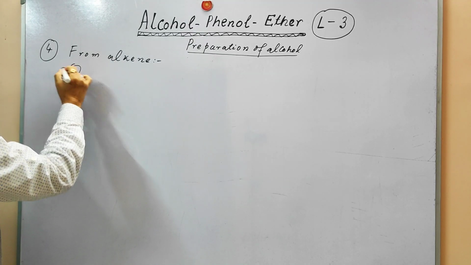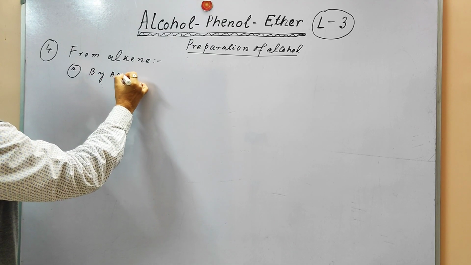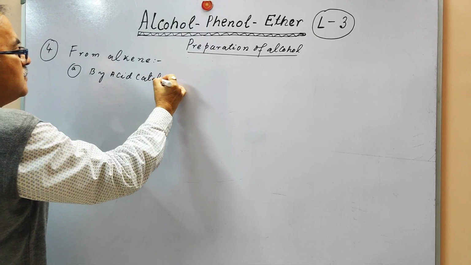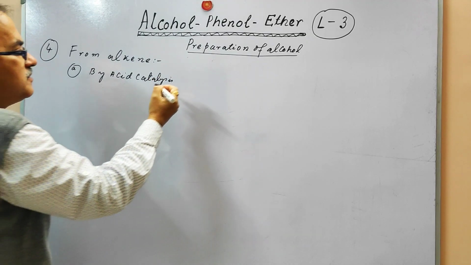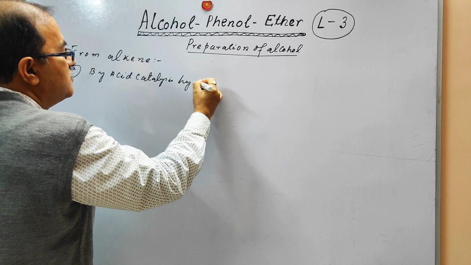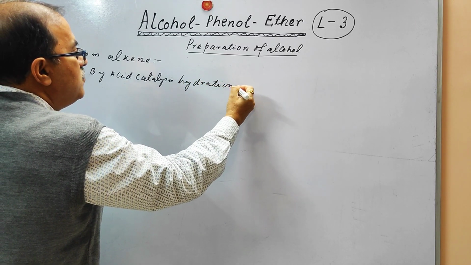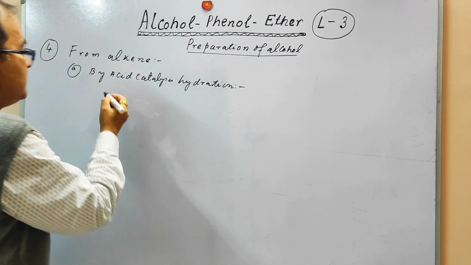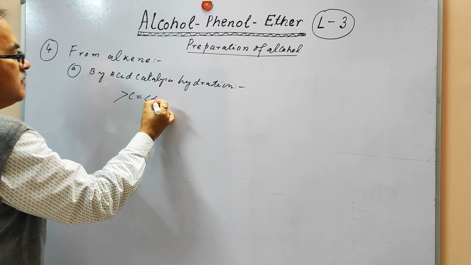A, by acid catalysis, acid catalyst hydration of alkenes. In this way we can prepare the alcohol. The reaction is this. This is the alkene.